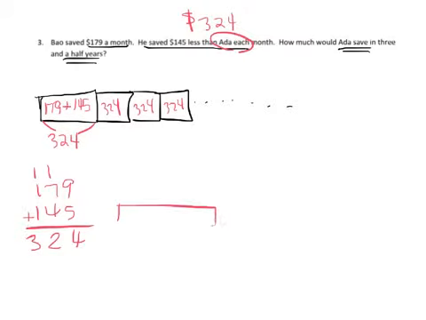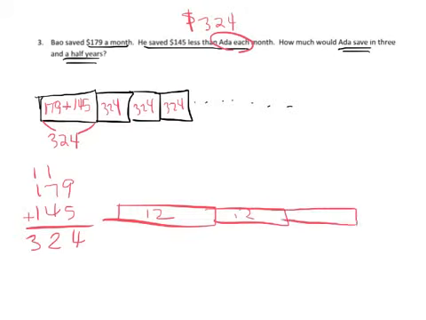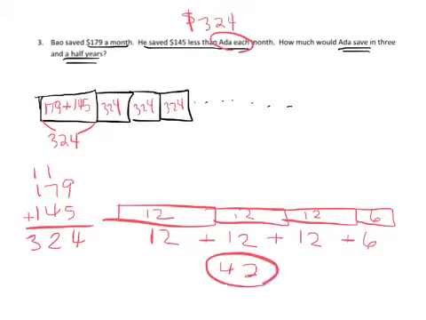Now, the question is, how much would Ada save in 3.5 years? Well, we know that 1 year has 12 months, another year has 12 months, another year has 12 months, and then the half a year has 6 months. So 12 plus 12 plus 12 is 36, plus another 6, that's 42 months altogether.